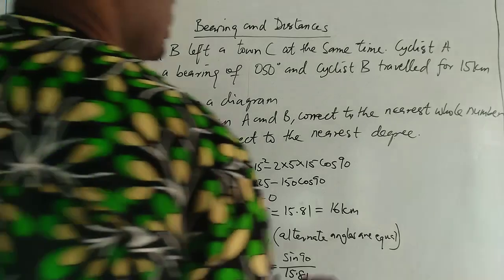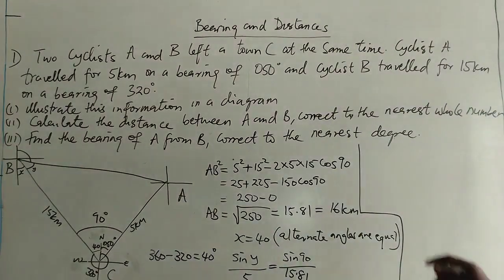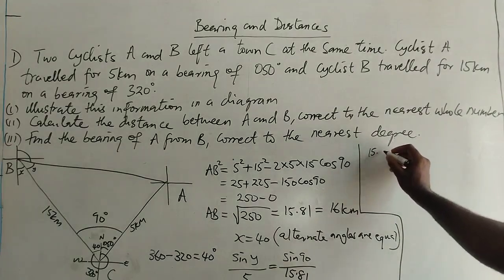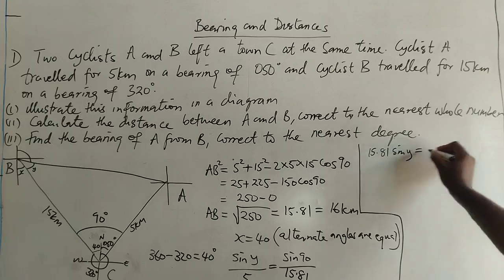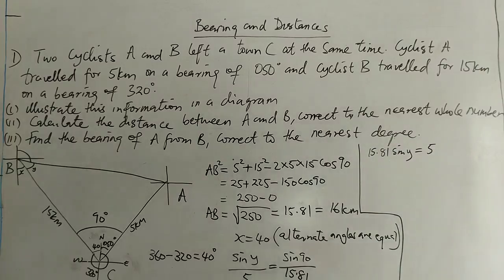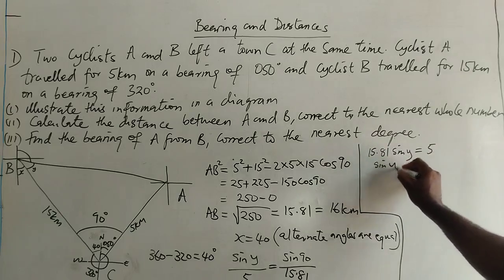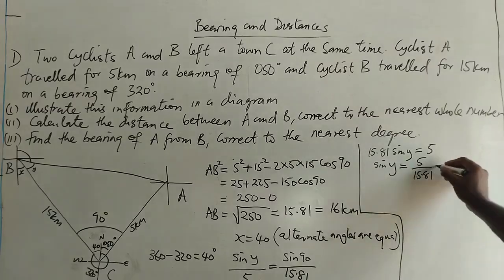So continuing here, I will have 15.81 sine y equals 5, because sine 90 is 1. So 5 times 1 is 5. Then sine y equals 5 over 15.81.